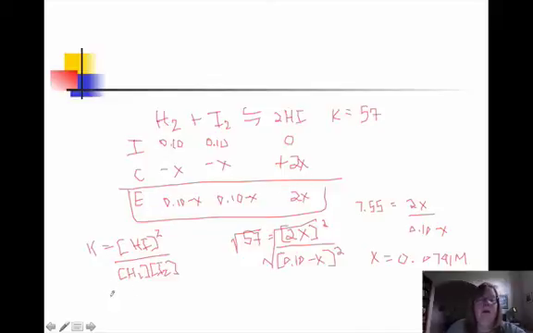Now the question was, what are the equilibrium concentrations of everything? So for HI, the equilibrium concentration is 2 times 0.0741. So that is 0.158 molar.